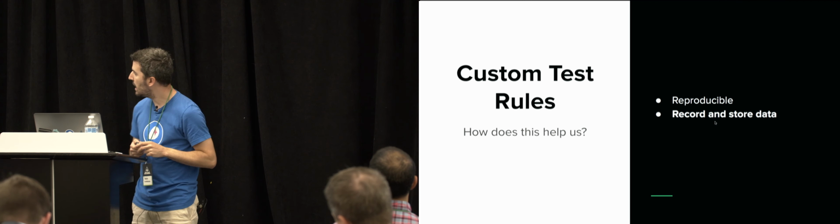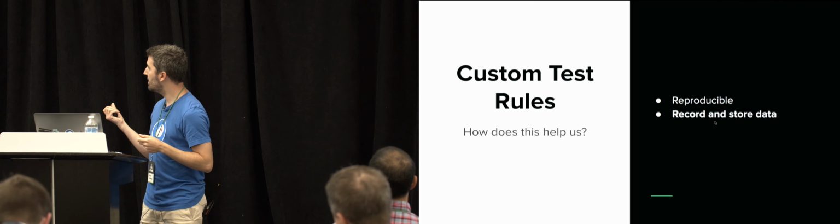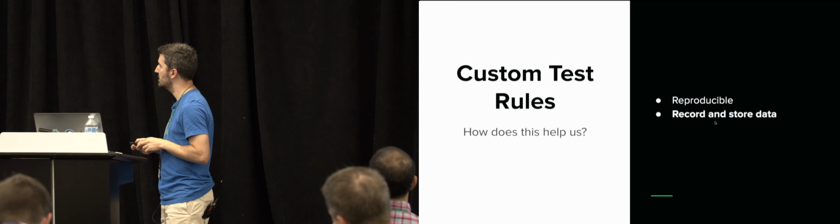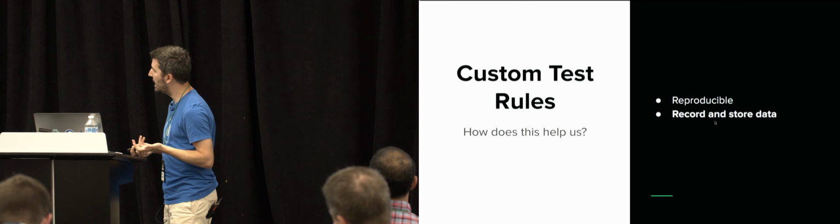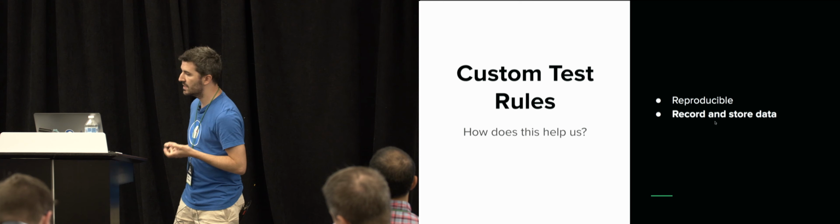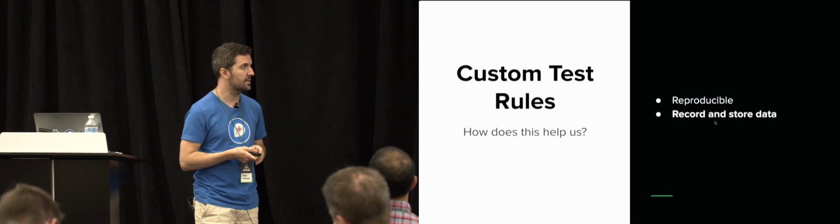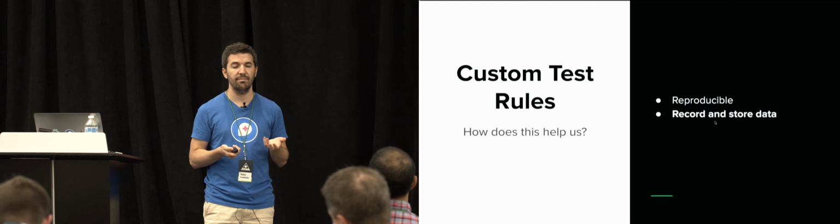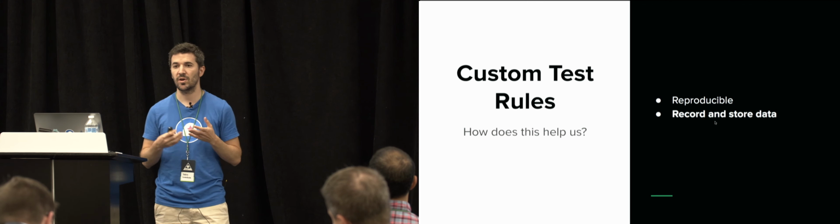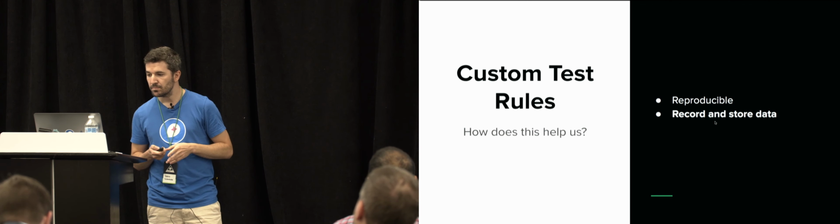Another good thing about these custom test rules is that you can record and store the data, which, as I said, is something that you want to have if you want to track this over time.